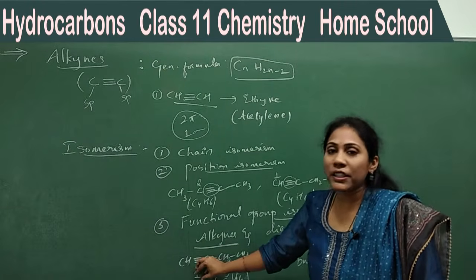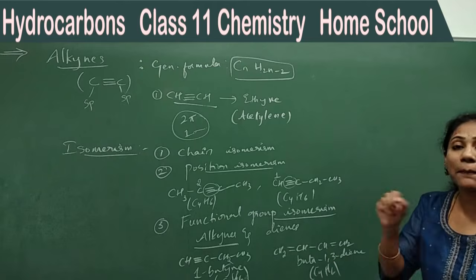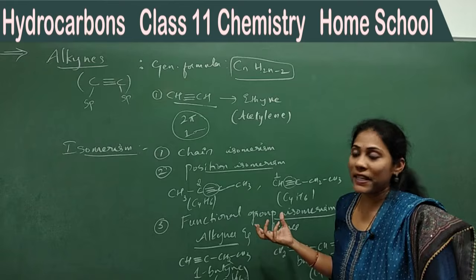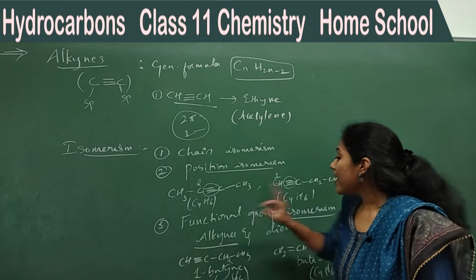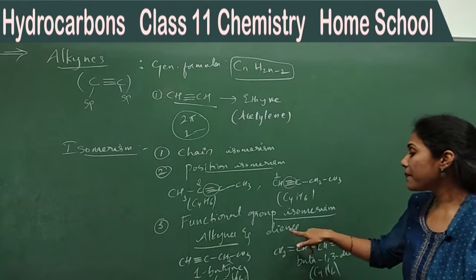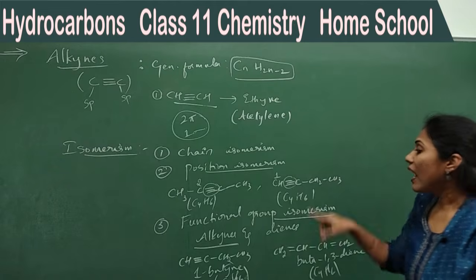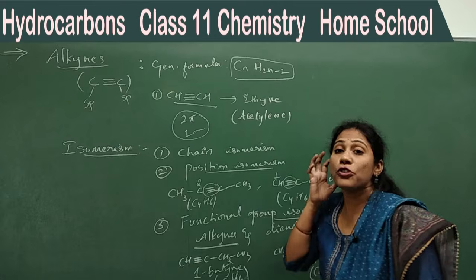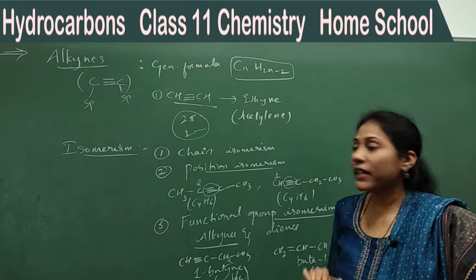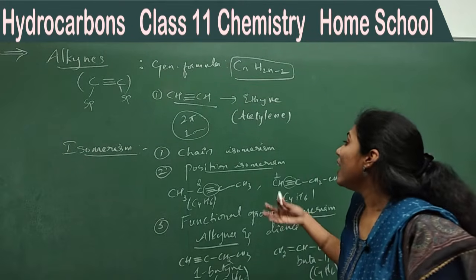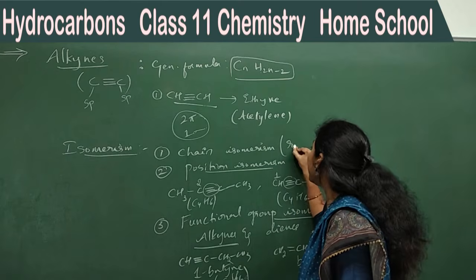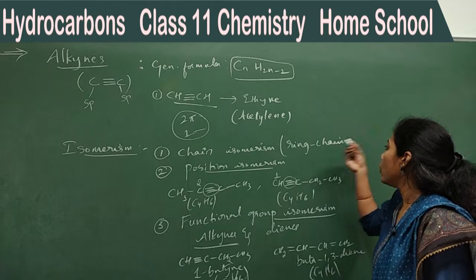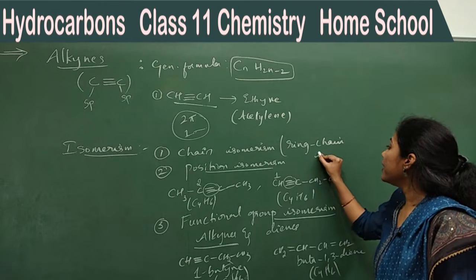So here you have a triple bond, but here you have double bonds. So such isomers are called functional group isomers. So alkynes are functional group isomers with dienes. Alkynes also show position isomers and alkynes also show chain isomers. Okay, and mainly alkynes also show ring chain isomerism.